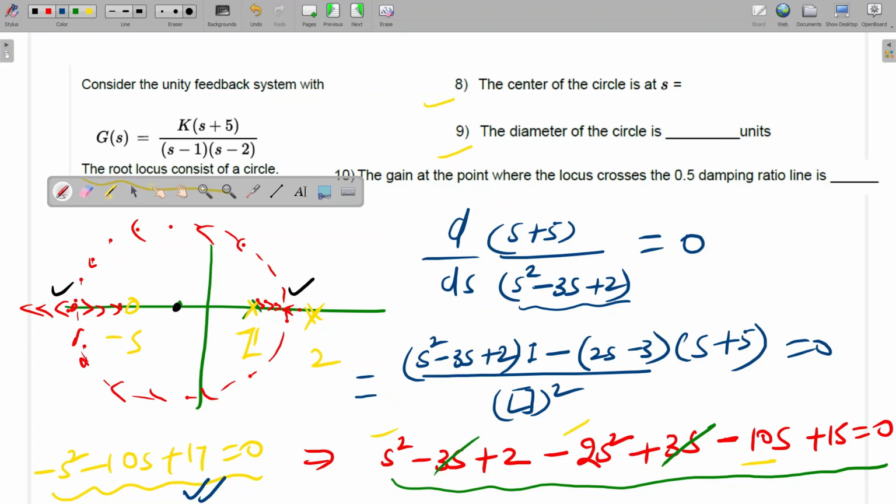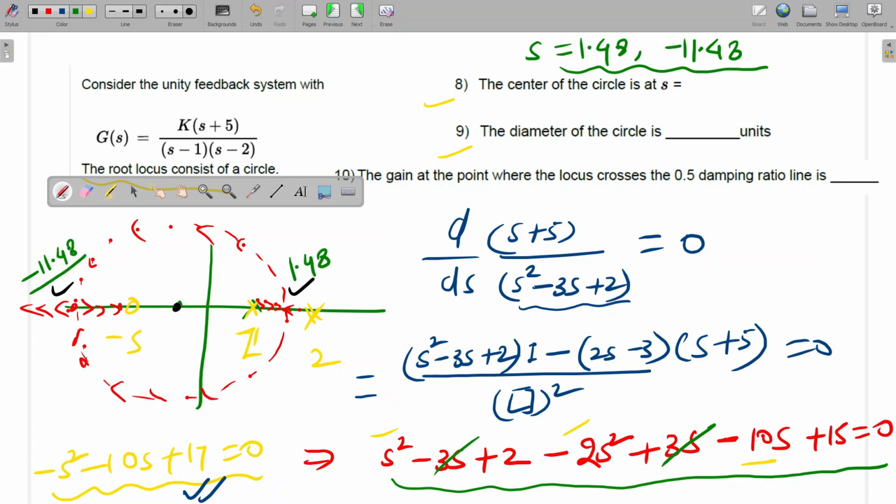Anyone got the value of s from here? So I have calculated. I am getting 1.48 as the s value. The breakaway point s is equal to 1.48, and the second one is minus 11.48. Is it correct? Yes, sir. Okay. So here it will be 1.48, and here it will be minus 11.48.